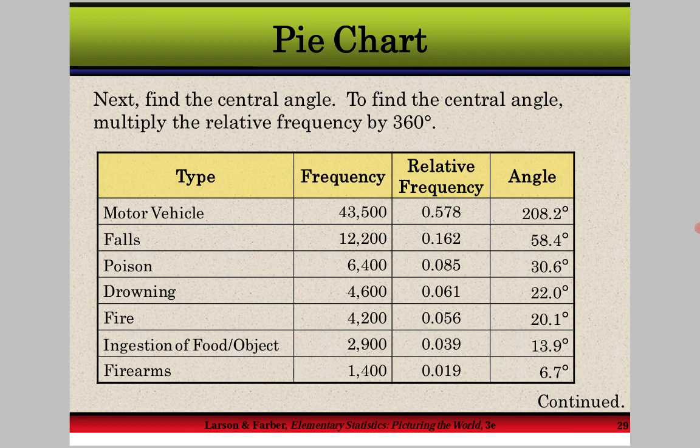So for motor vehicles, the angle is 0.578 times 360 degrees, that is 208.2 degrees.